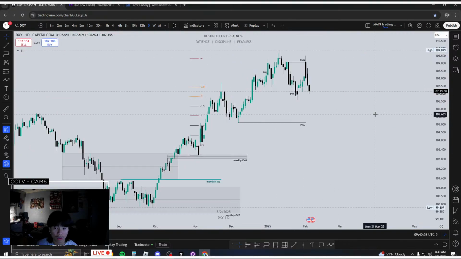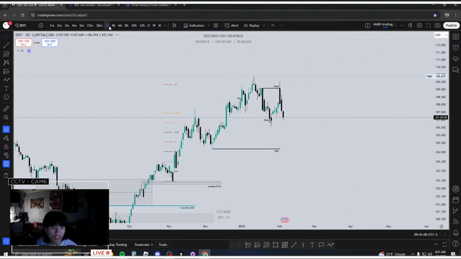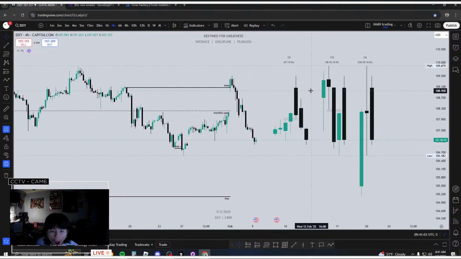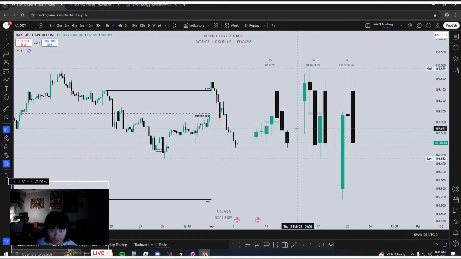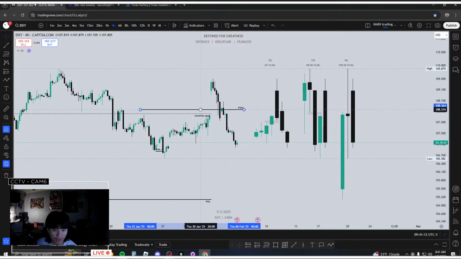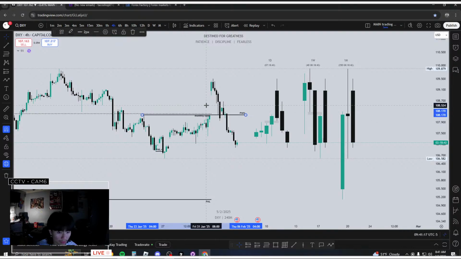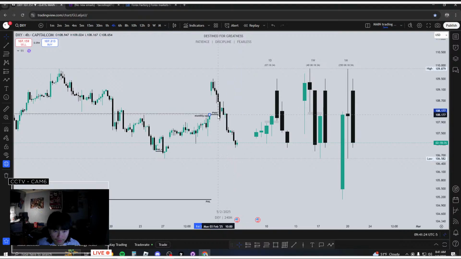Let's take a look at the dollar. So the dollar actually, oh, interesting. We actually took out previous week's high. Previous week's high should be right there. Here is previous week's low, and previous week's low is not the draw of liquidity.